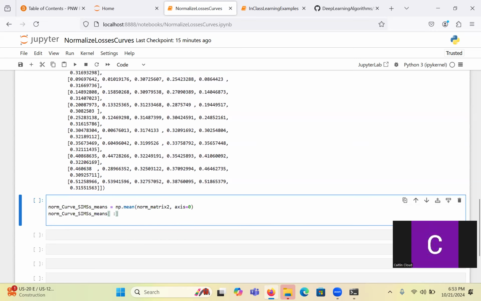So in this case, I'm going to do NP mean of norm matrix 2 on axis 0. And then hopefully I'm going to end up with a 1/6 instead of a 10/6. So across the columns, it's just going to take the mean. This is something that is done extensively in machine learning. If you think about it, you have these batches of 64. You can't really take the mean across all the data because it's massive, right? But why not just across the batch?